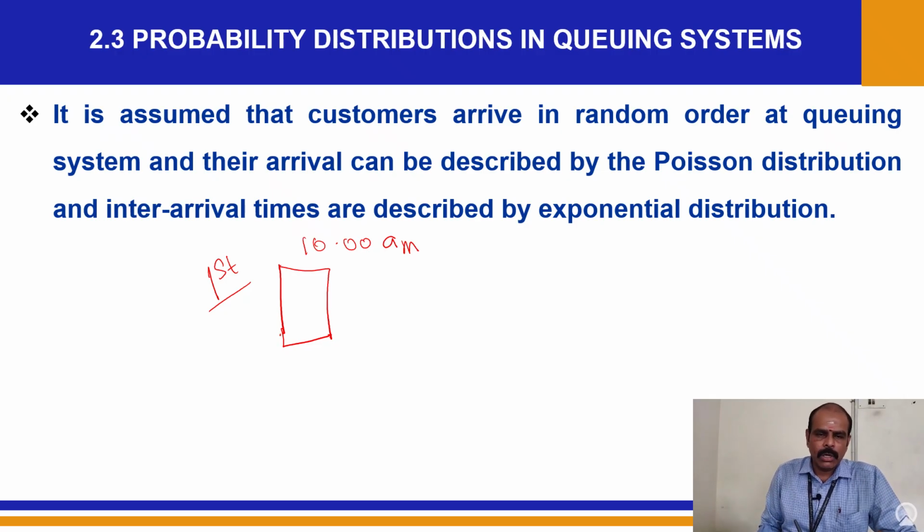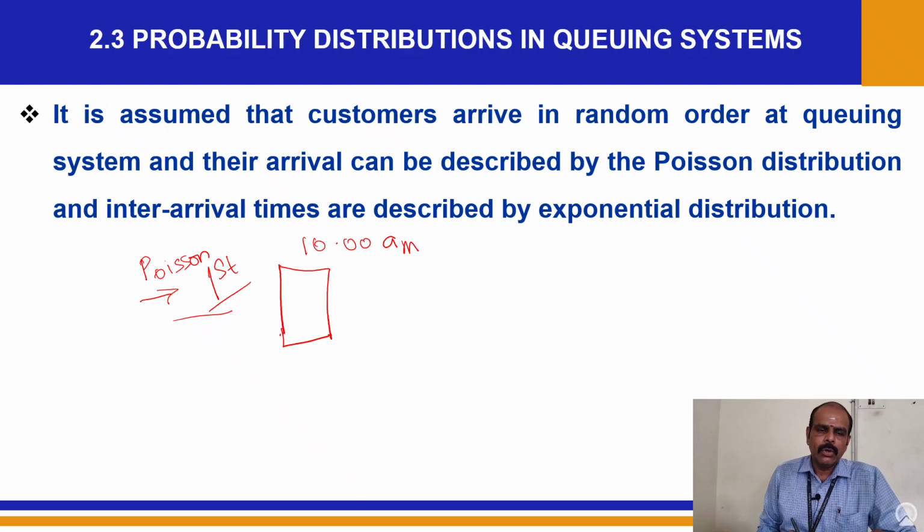Now this first arrival is considered to be Poisson distribution. It is assumed by default, that's the assumption we make. The first customer has arrived and has not yet been served. He is in the queue, maybe ordering, paying, or waiting for his order to be delivered, but he has come and is now in the system.